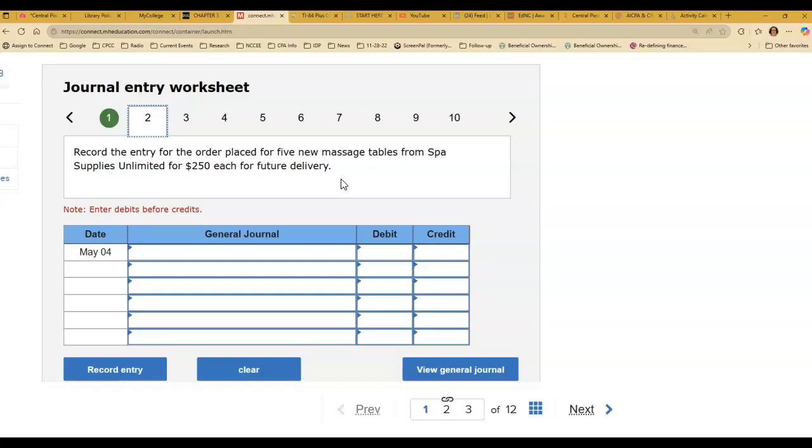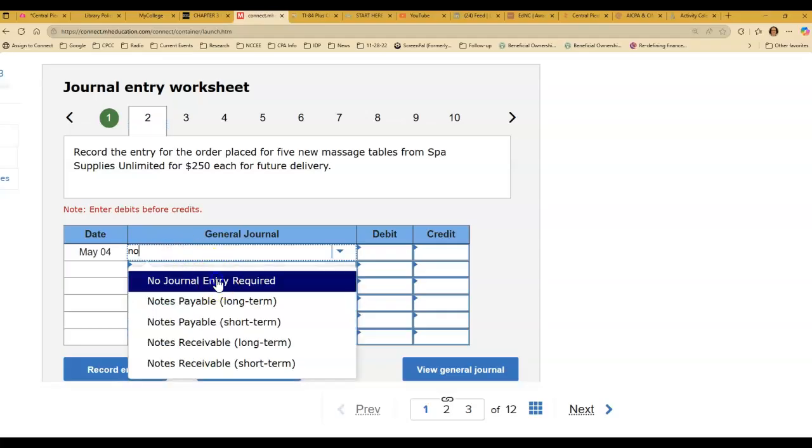So the only thing that's really happened here, and remember, we're a whole business, we are taking care of the accounting department. So over in the purchasing department, a phone call was made, maybe an email, and said, hey, we need 5 new massage tables, and the other company who's going to supply those massage tables says, okay. Nothing has happened there. So on that one, it's no journal entry.